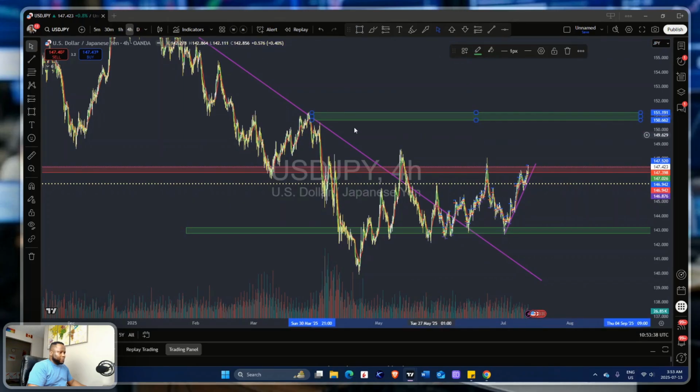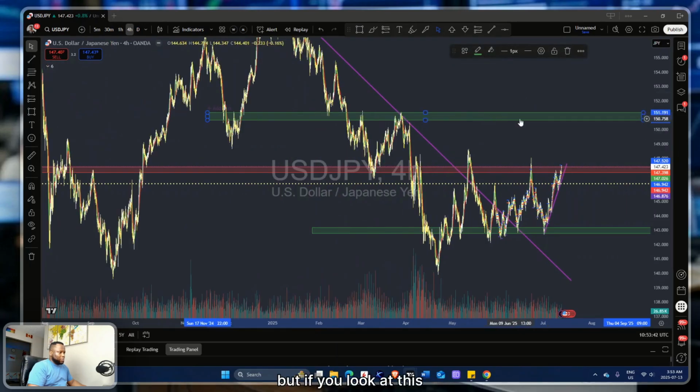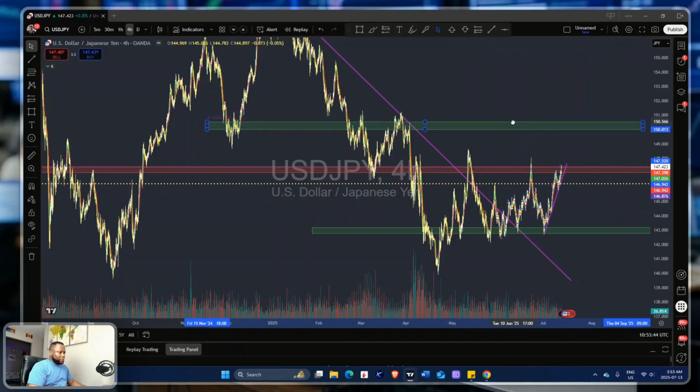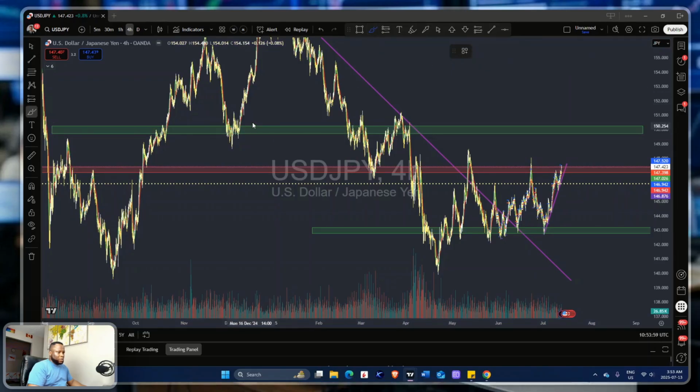Not saying the price is going to come all the way here for sell, but if you look at this, if we bring it a little bit down, we're at 149.72. We have support, then resistance. Support here, and we had a support area here basically.